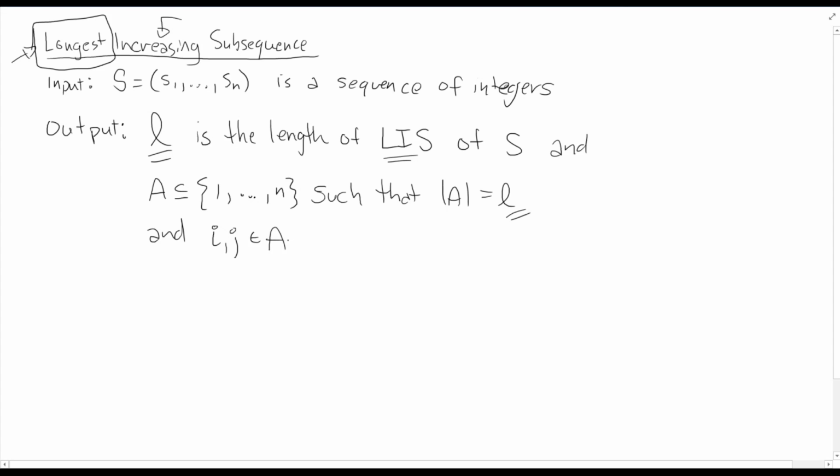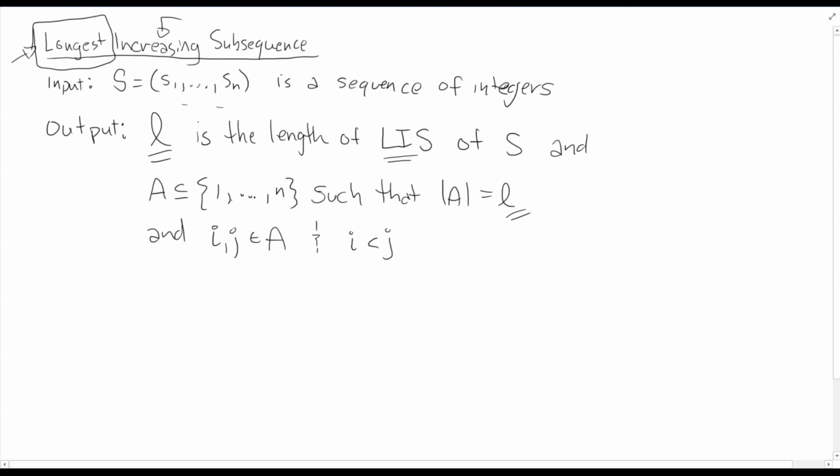Let's say that they're in A, and let's assume that for the moment i is less than j. So we pick out two elements of our set, i and j, and I assume i is less than j. That means in the original sequence, i came before j.